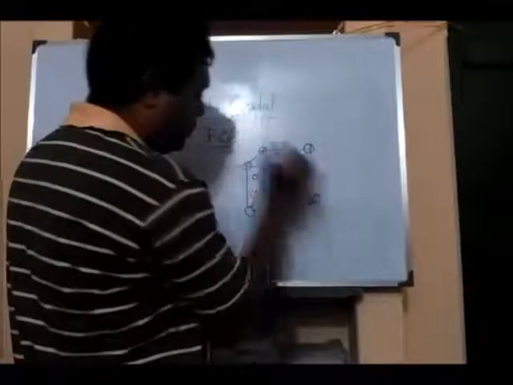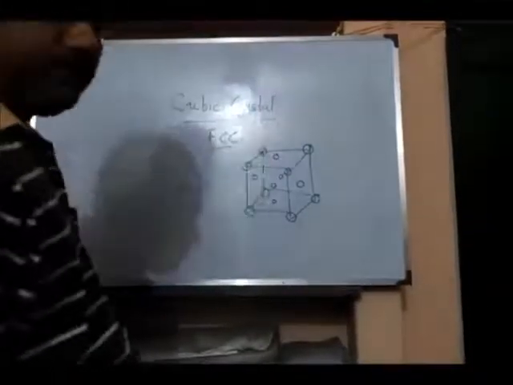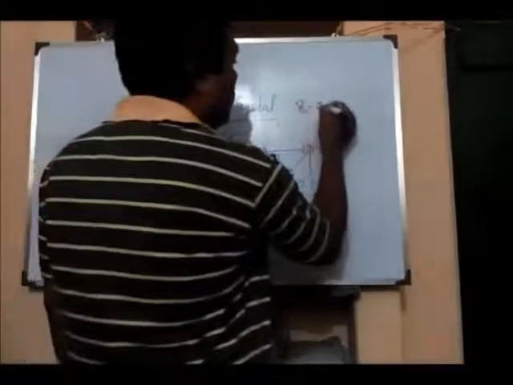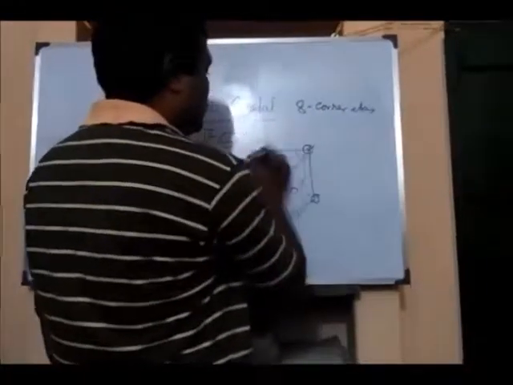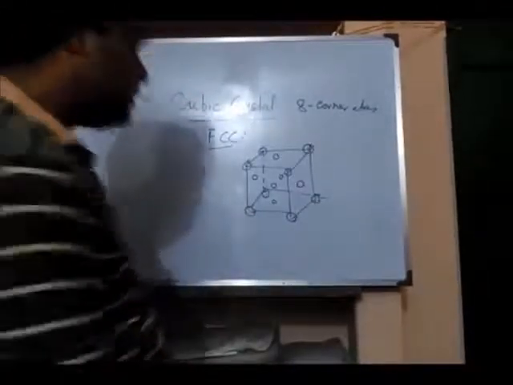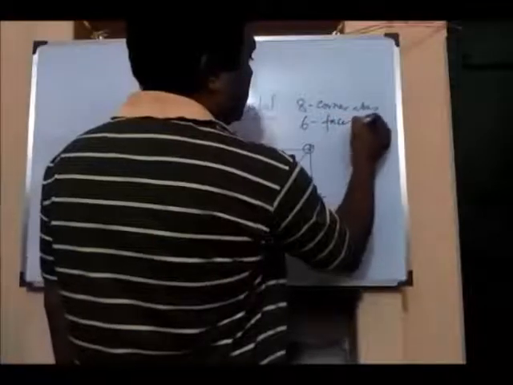So there are 6 atoms on the 6 faces, right? So 8 corner atoms, these are corner atoms, and 6 face-centered atoms.